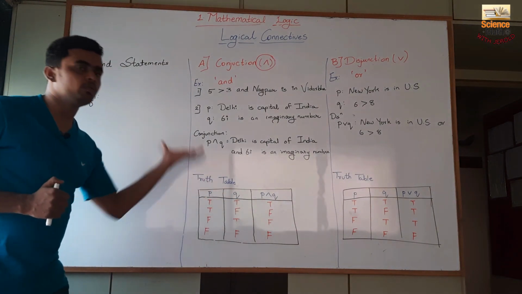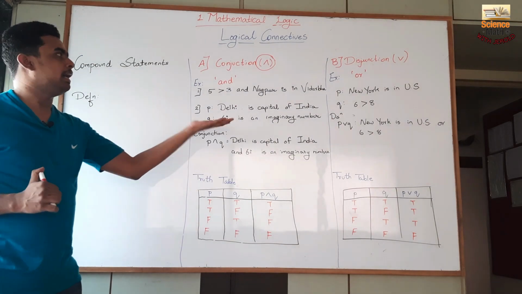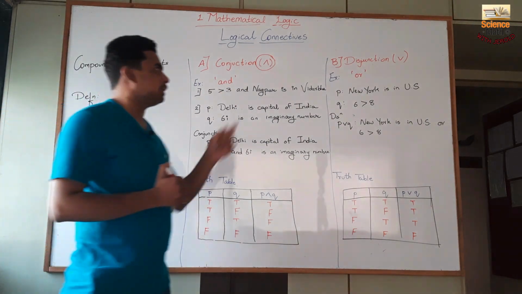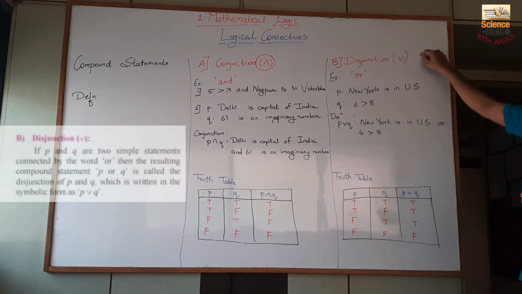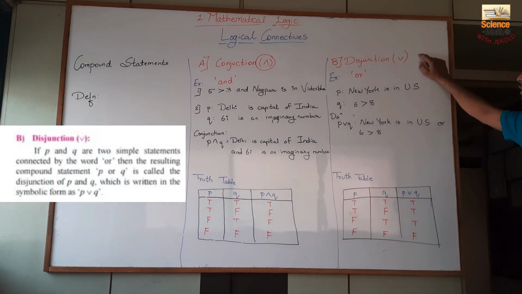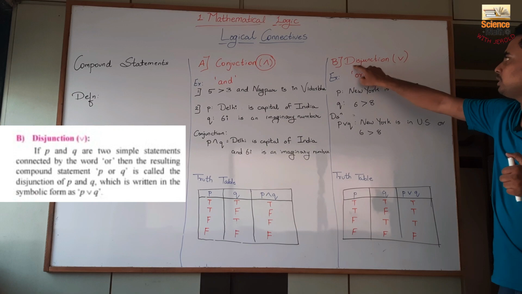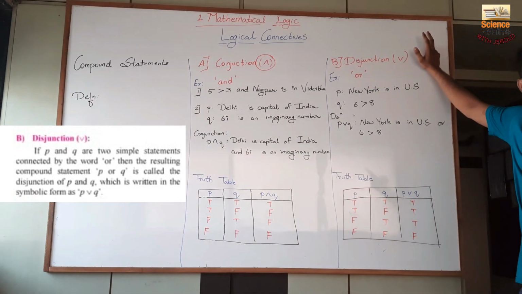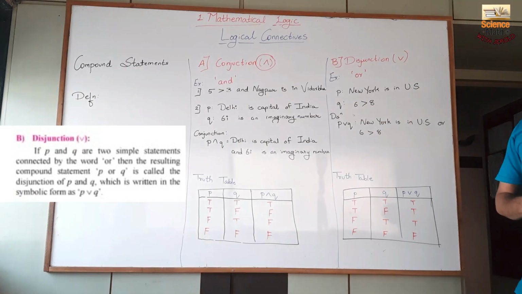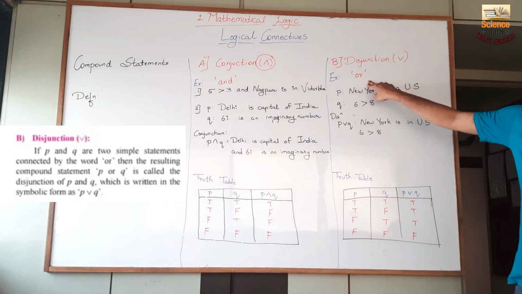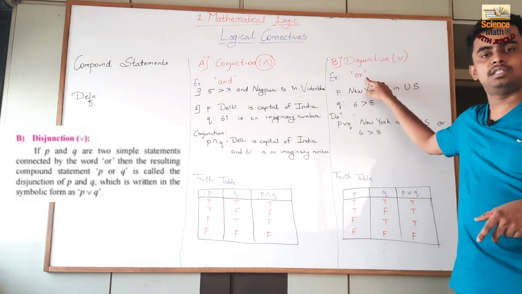Now let us move on to the next logical connective, exactly opposite to conjunction. Conjunction has an upside down symbol; the vice versa symbol is for disjunction. When two statements, let them be P and Q, are connected with the connecting word or, that becomes a disjunction.